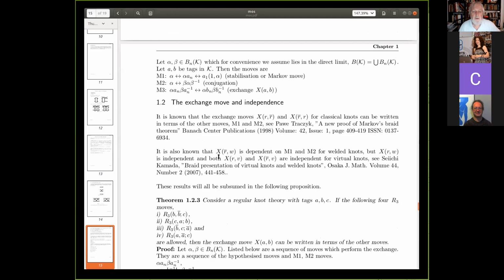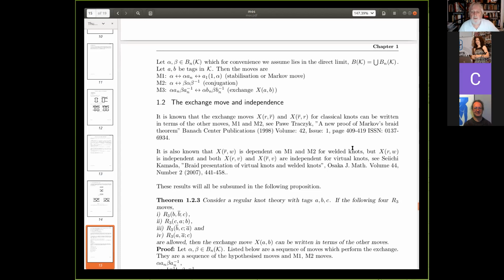It's also known that we can interchange R bar and W. R bar is the left-handed real crossing, and W is a welded crossing for welded knots.